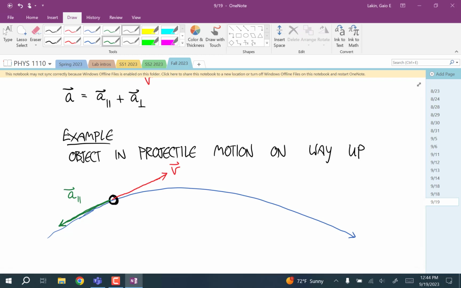If you fit a circle to this curve, it would be on this side. You see that? And so that says that A perpendicular is this way.